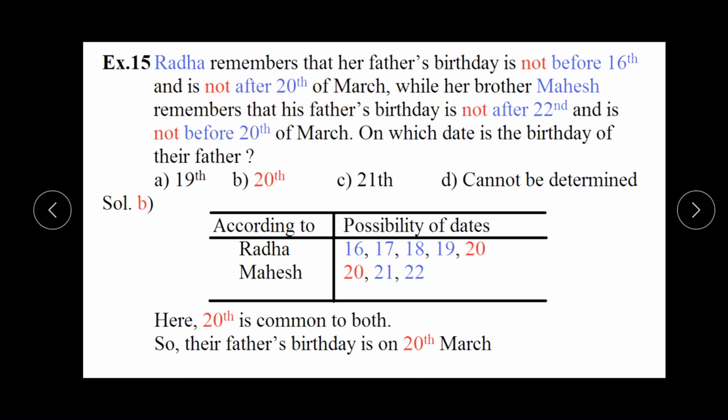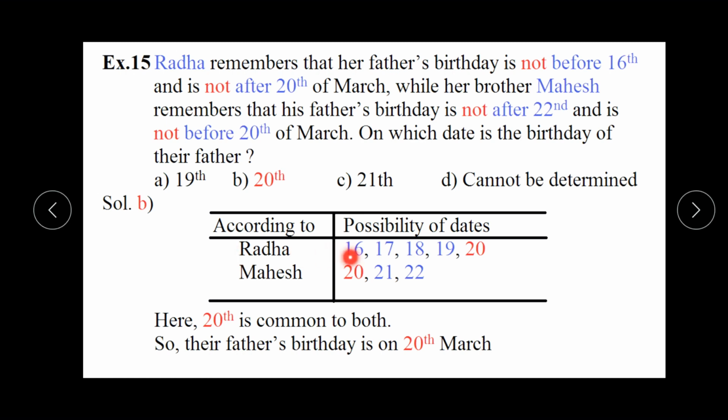In the previous question we were not counting those dates, but in this statement we will count 16 because it is given is not before 16. It means 16 can be, but before 16 it cannot be. And not after 20th, up to 20 it can be.